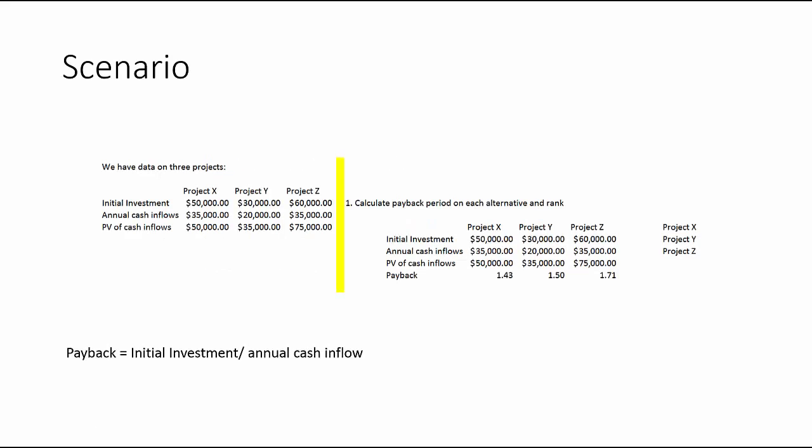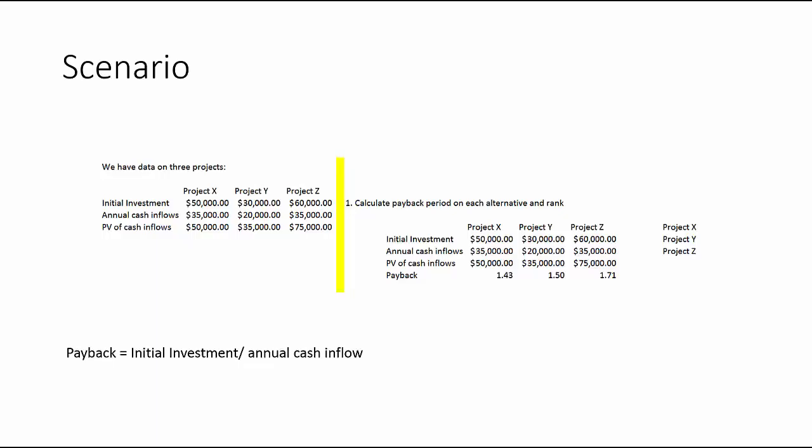So the first thing that we'll do is calculate the payback period on each alternative and rank these projects by that criteria. In order to calculate the payback period, we take the initial investment and divide by the annual cash inflow. So given the information, for example, with Project X, the initial investment is $50,000, and then we divide by the annual cash inflow of $35,000, and that gives us a payback period of almost 1.5 years.